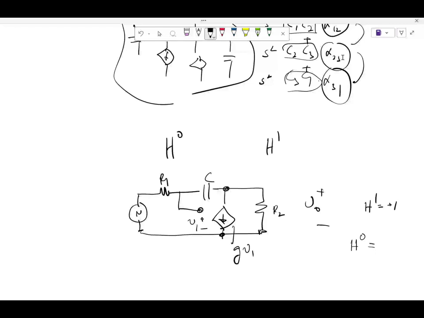G into R2 will be the magnitude and polarity. Minus G into R2, right? So in this case, clearly you will have a right half plane zero, and it will have all the bad things that we're talking about. But yeah, good question.